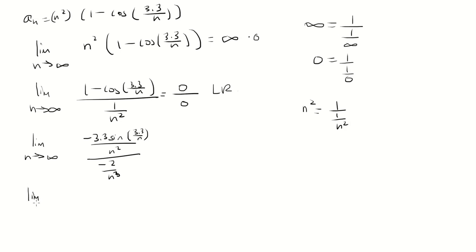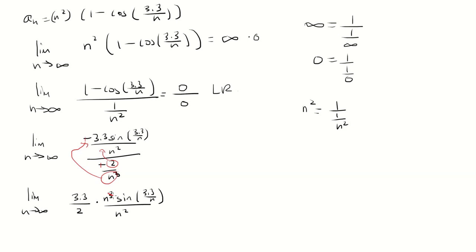So I can simplify this further. Basically, the negatives cancel, turns into positive. The n cubed comes on top, and the 2 goes on the bottom. So we have 3.3 over 2 times n cubed sine 3.3 over n divided by n squared.